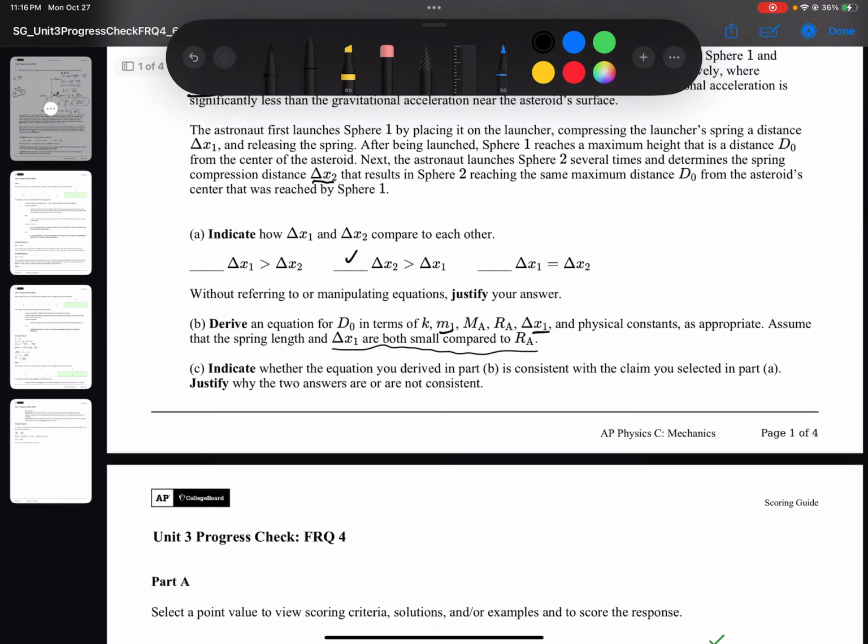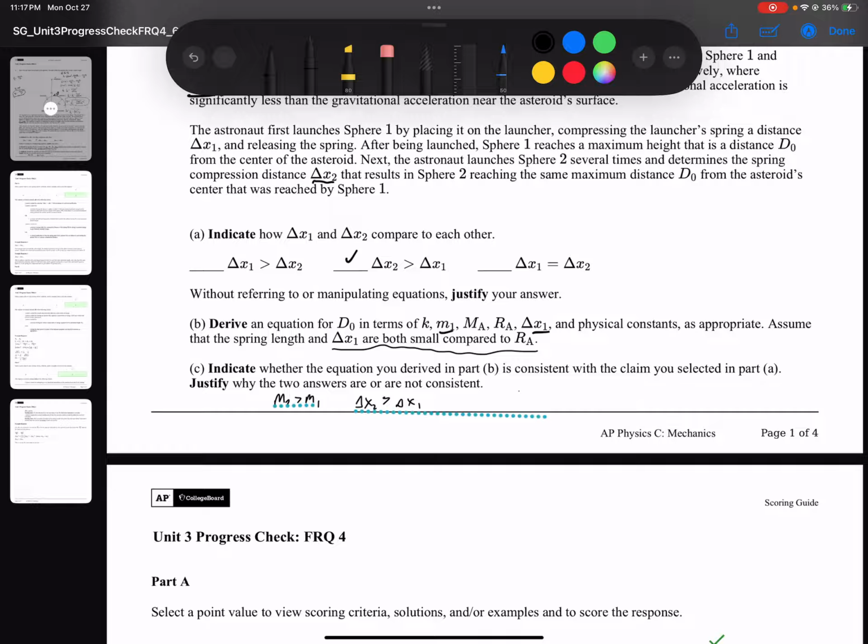It says here, indicate whether or not, and justify why the two answers are or are not consistent. Basically the reasoning is that they are consistent because they reach the same maximum distance. So given that m2 is greater than m1, delta x2 has to be greater than delta x1. More specifically, I think I put that delta x2 squared has to be larger than delta x1 squared by the same proportion in order to reach the same maximum distance.